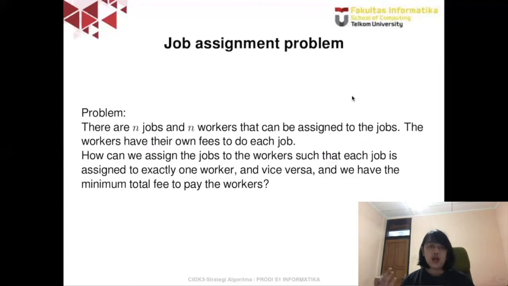We have n jobs and also n workers, and we want to assign one job to one worker such that each worker has exactly one job, and the workers have their own fees to do each job. The fees vary, depending on the worker and also the job. The problem is how can we assign the jobs to the workers such that each job is assigned to exactly one worker and vice versa, and we have the minimum total fee to pay the workers.